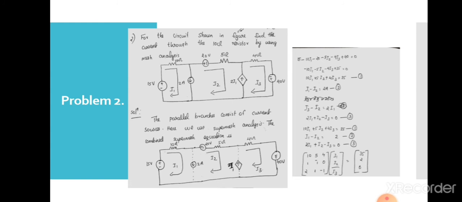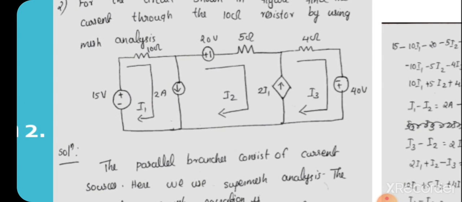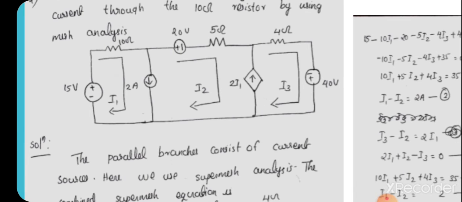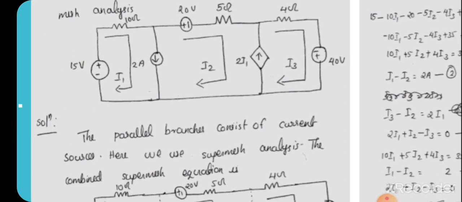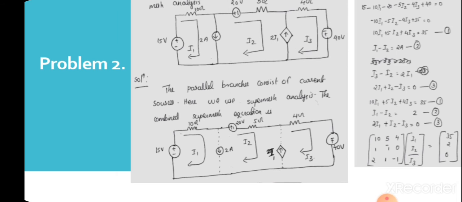So let us go to the second question, and first of all we have to mark the super mesh. For drawing the super mesh, we have to neglect the branches containing current sources. That means the 2 ampere current source and the 2i1 current source should be neglected.